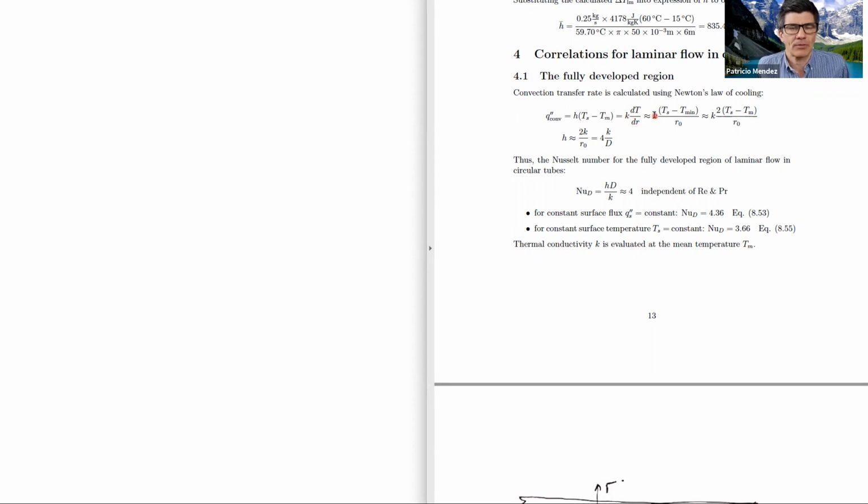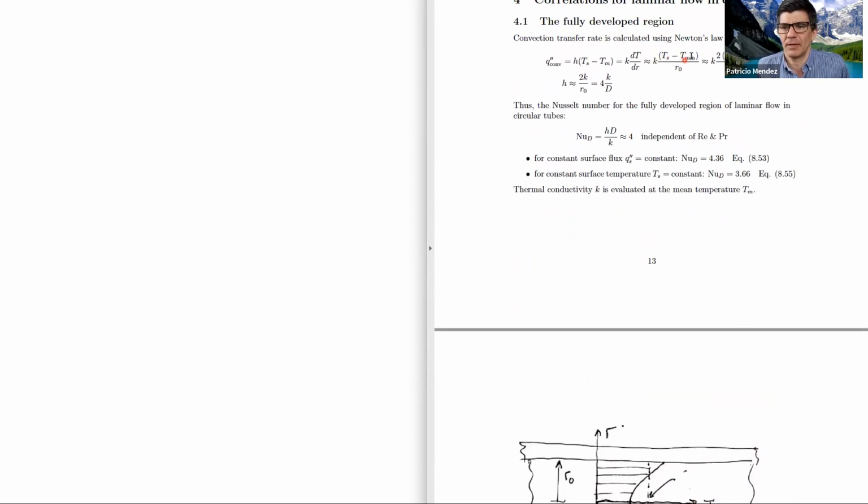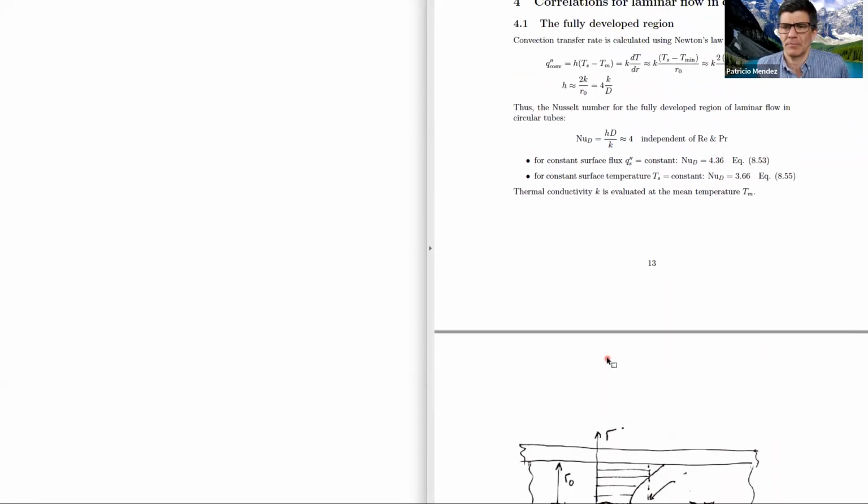Here I'm going to make an approximation just for us to be more or less in the ballpark. Instead of dT/dr, we're going to say surface temperature, this is the maximum temperature, minus minimum, right? T surface minus T minimum over this radius. This is a very rough approximation.